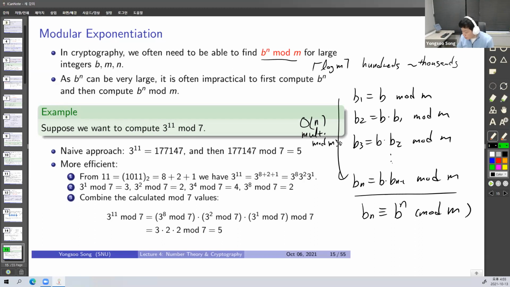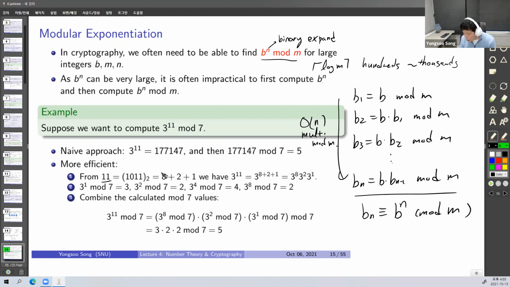But a better option is presented here. First we compute the binary expansion of this exponent. Here, this 11 is n. We first compute the binary expansion of this exponent n and use this information to reduce the complexity of this exponentiation computation.